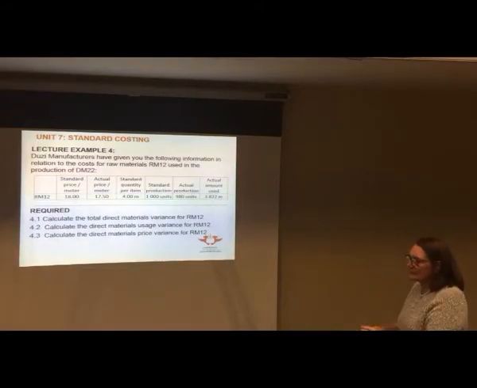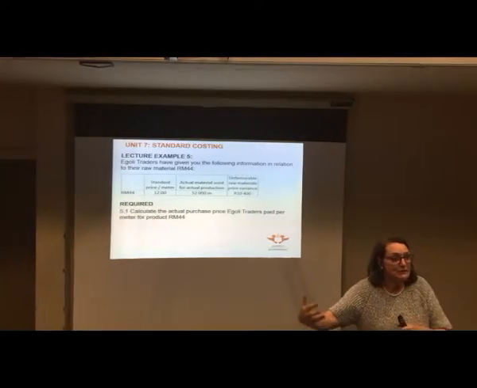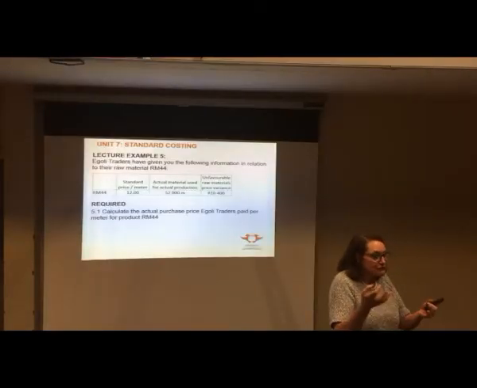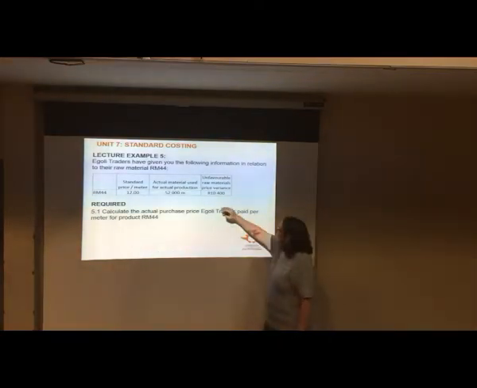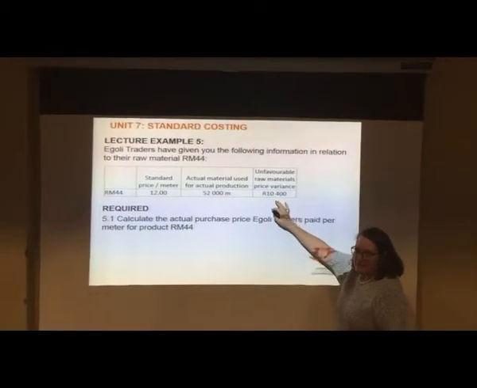So you can calculate all 3 of those amounts. We're going to use the things we know to find out the things we don't know. That's the only reason we have formulae, to use the things we know to find out the things we don't know. So here we've got already an unfavorable price variance.